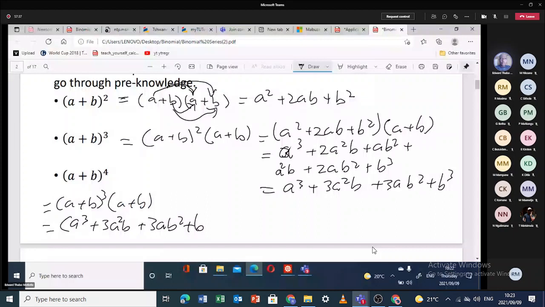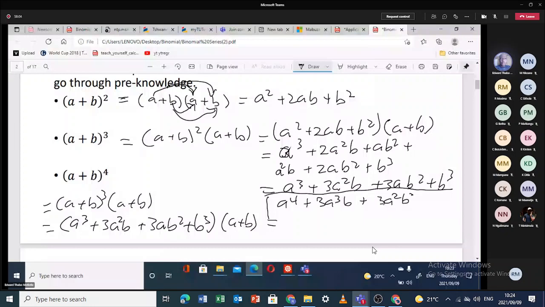We have A to the power 4 plus 3A cubed B plus 3A squared B squared, plus AB cubed. I'm still multiplying by A.